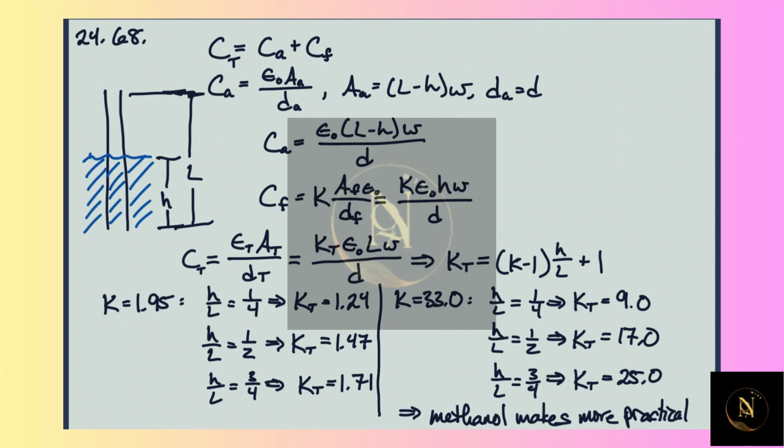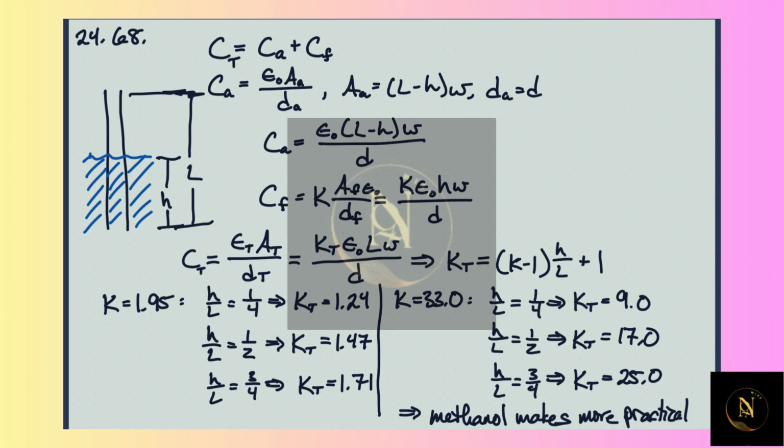Now, if we had methanol as our fuel, methanol has a very high dielectric constant relative to gasoline. So the sensitivity is going to be, instead of 1, about 32, and this is going to change much more rapidly as H changes.